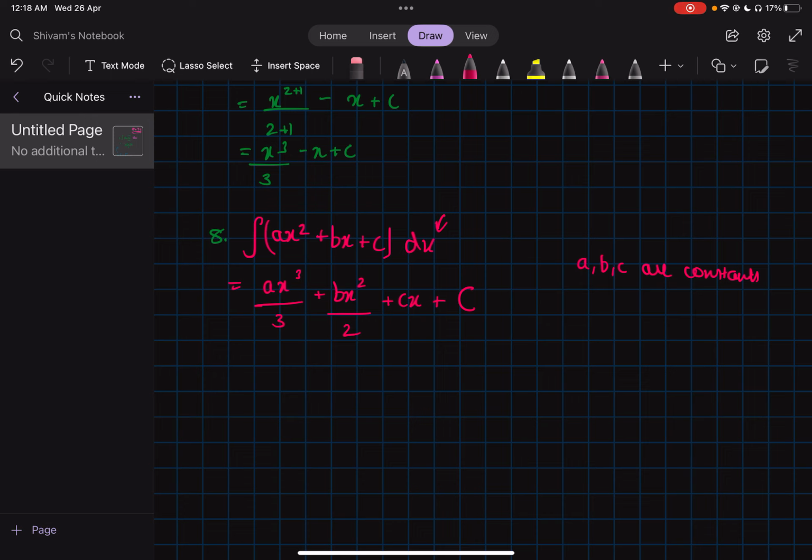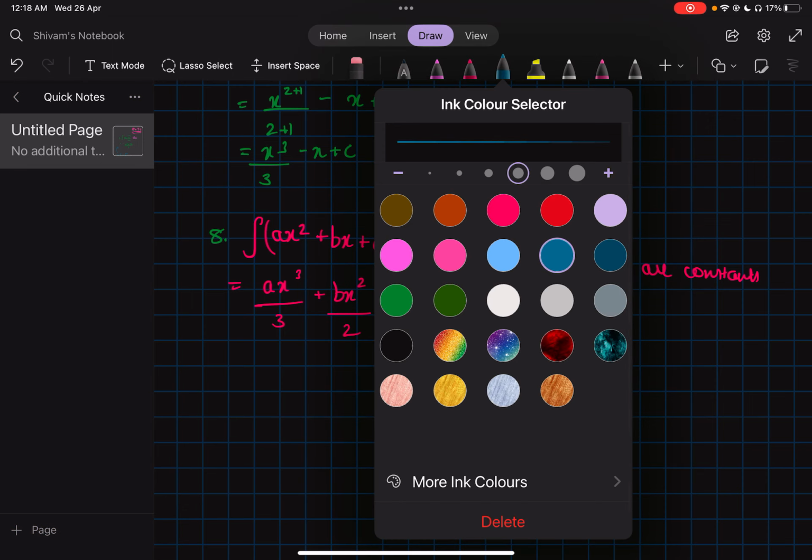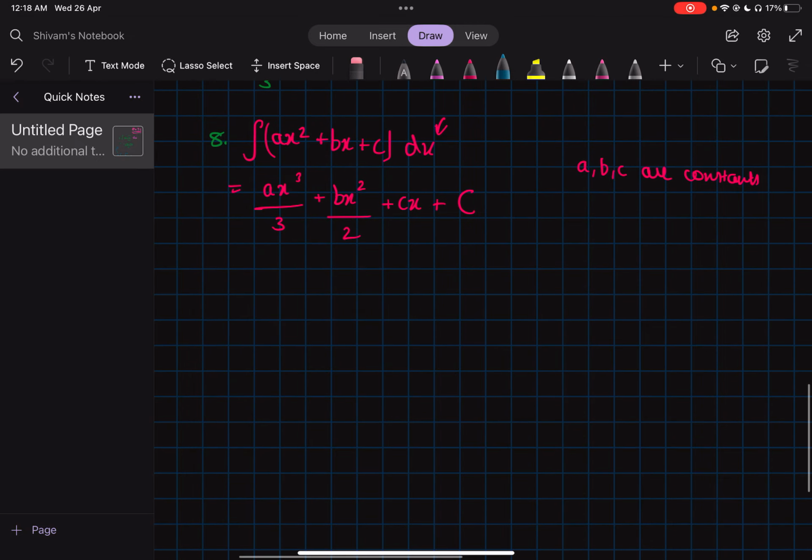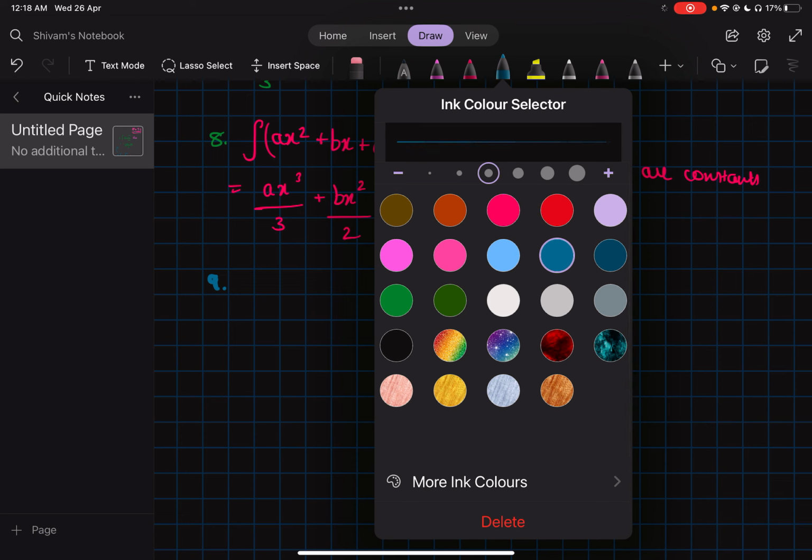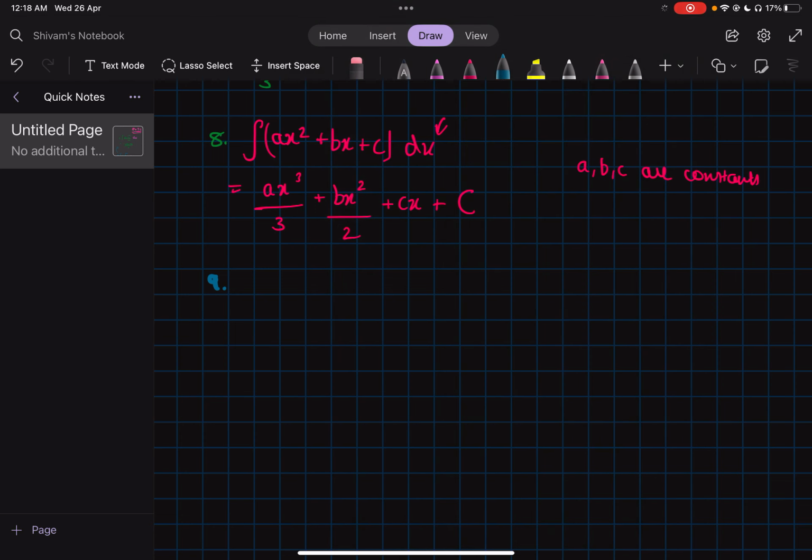All right. Then, okay, for the ninth question, it says the integral of 2x squared plus e^x dx.